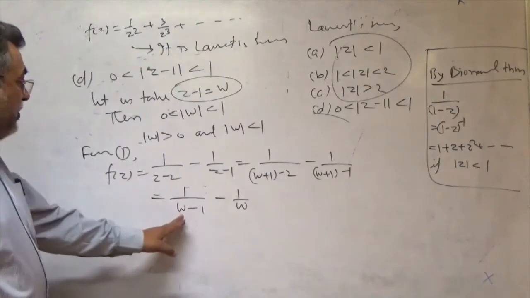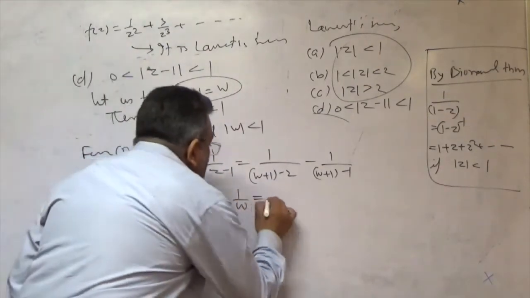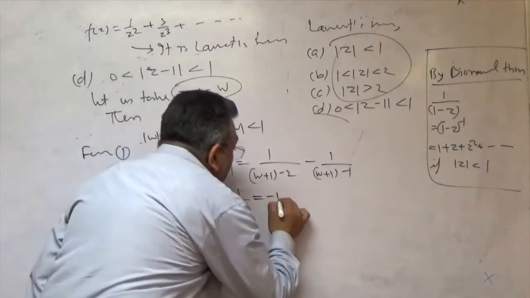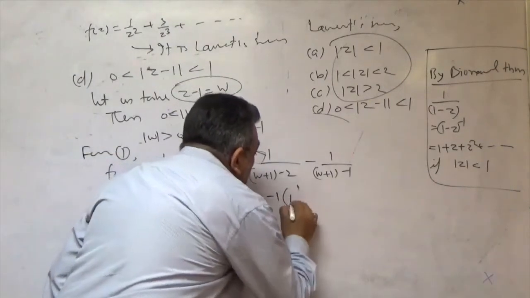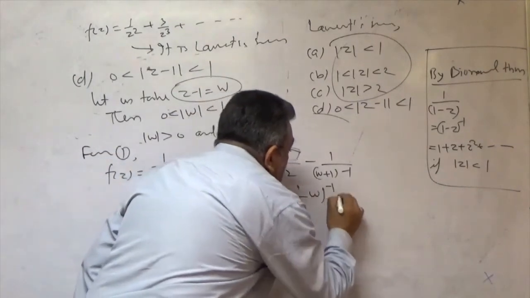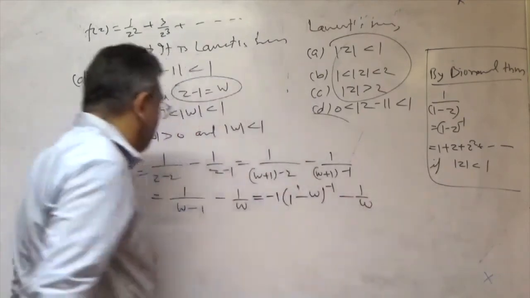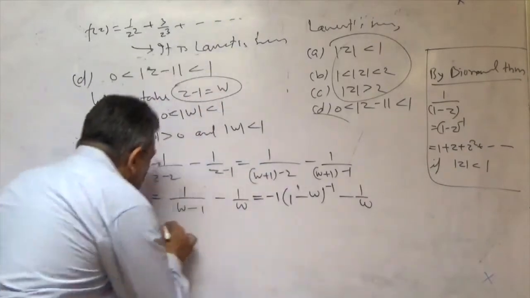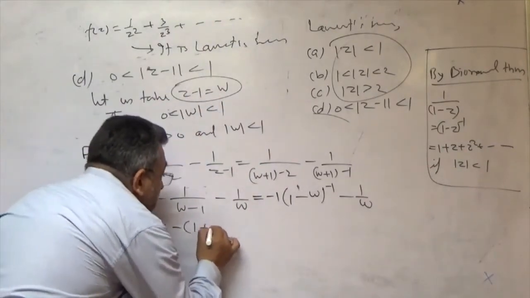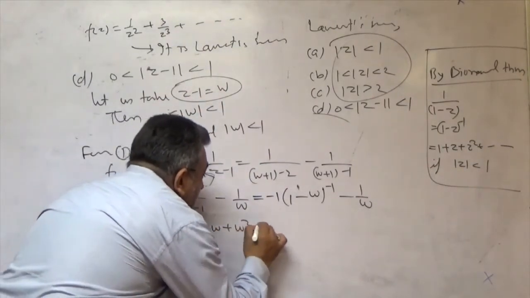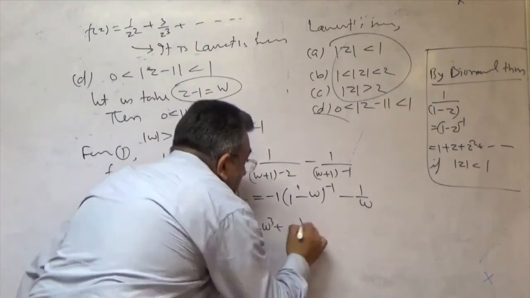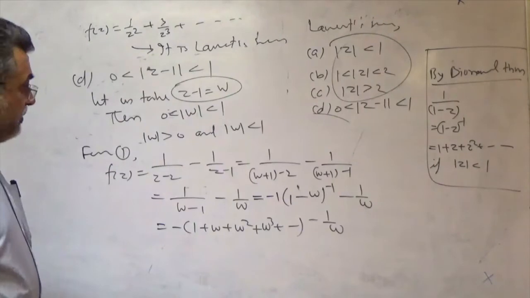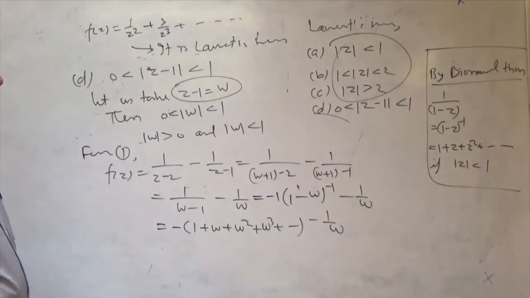Now we have to simplify this, so this can be written as, if we take common minus 1, then this is 1 minus w whole power minus 1, and minus 1 by w. Simply mod w is less than 1, so expand by binomial theorem, that is 1 plus w plus w square plus w cube, and so on, minus 1 by w. Now, this is your required expansion.